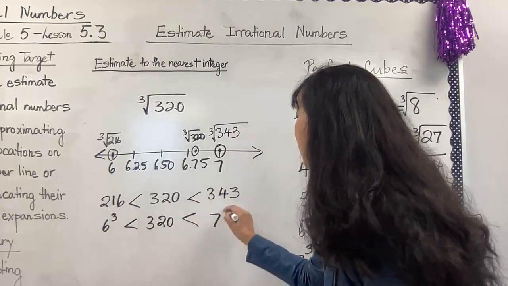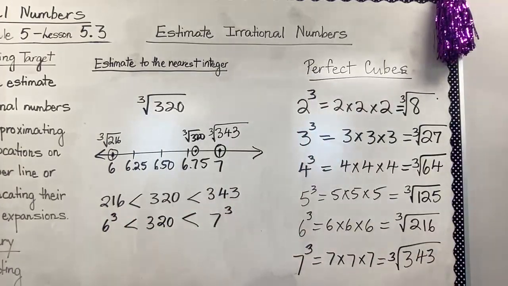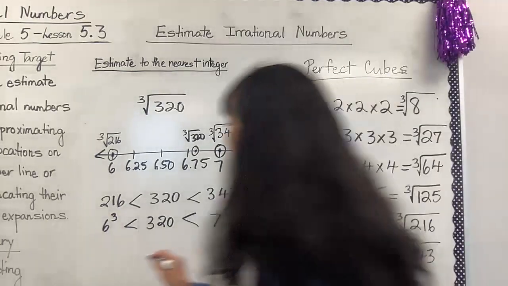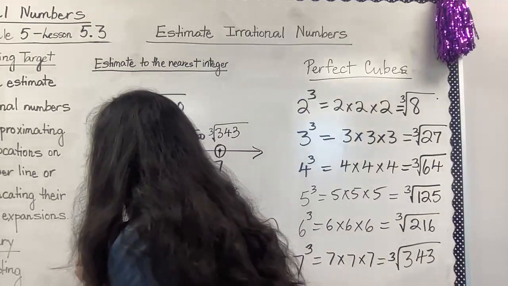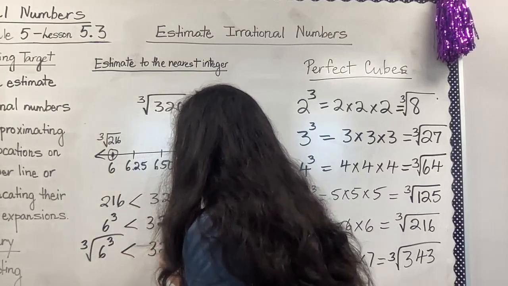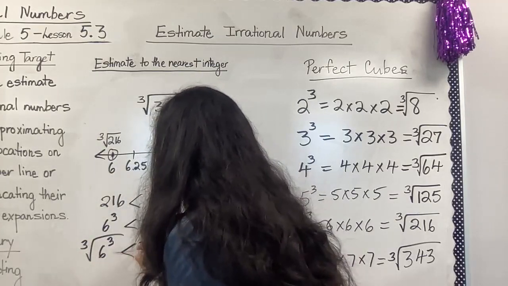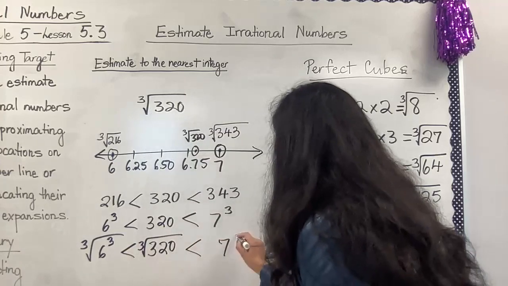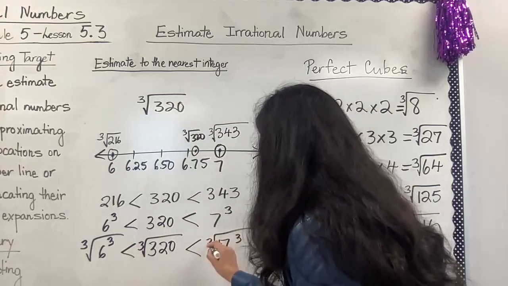And 343 is 7 cubed. And so we are going to find the cube root of each of these numbers. So we have the cube root of 6 cubed, which is less than the cube root of 320, which is less than the cube root of 7 cubed.